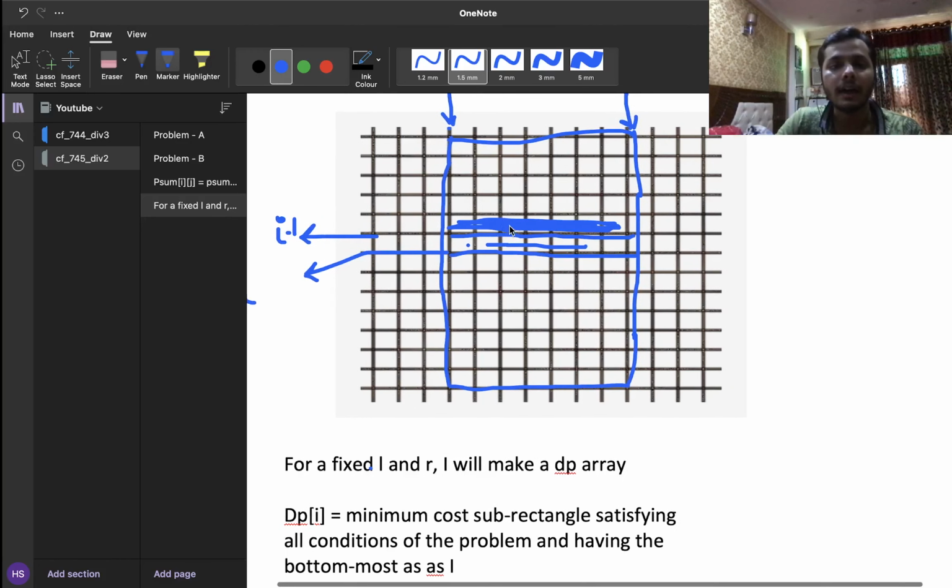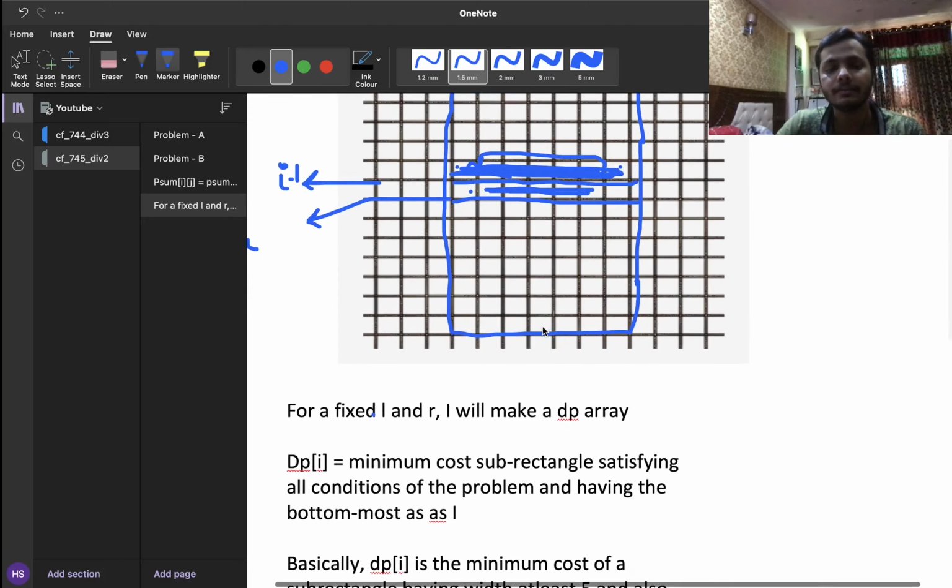So I essentially want all these blocks to be black, and when I'm going to dp of I, I want all the middle blocks to be white and also these corner blocks to be white, and all the blocks in the middle in this last row have to be black. That's the only difference, right?